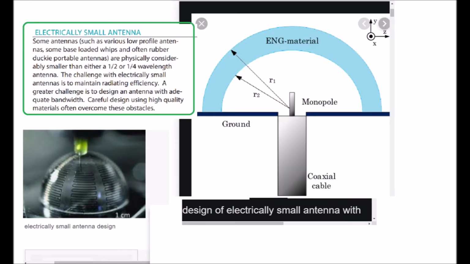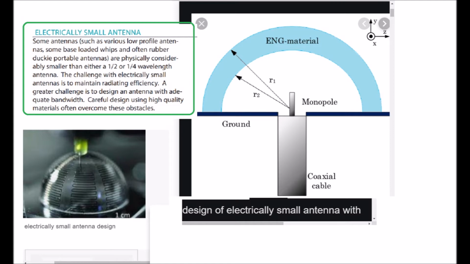Electrically small antenna. Some antennas, such as various low-profile antennas, some base-loaded whips, and often rubber ducky portable antennas, are physically considerably smaller than either a half or quarter wavelength antenna.